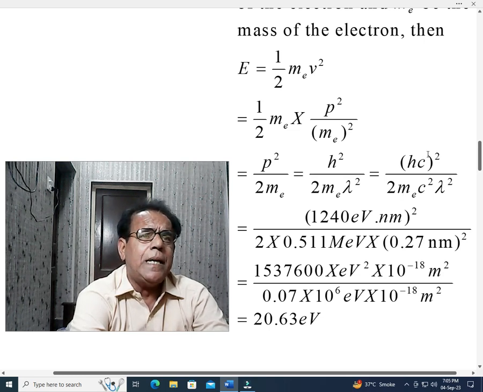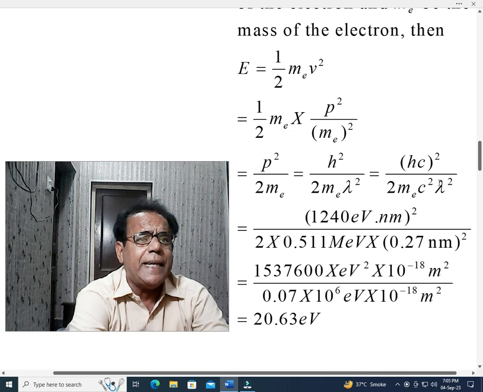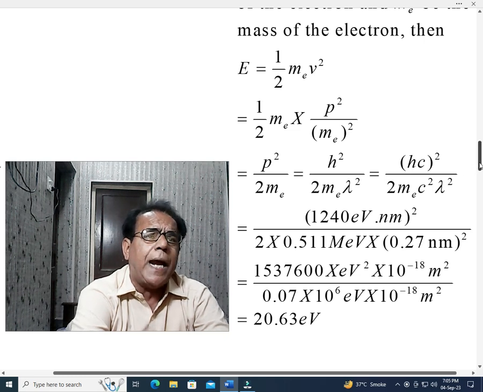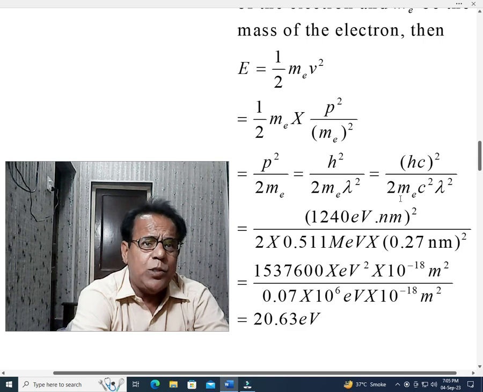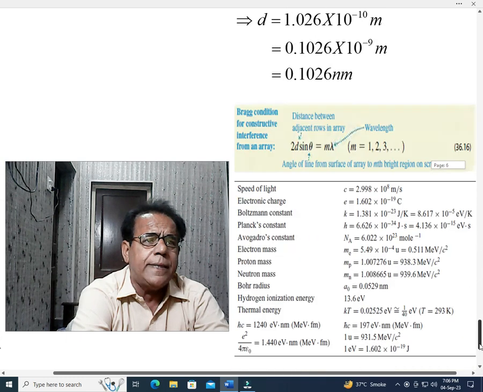In this way the denominator will take this form: (hc) square over 2 m_e c square lambda square. Dear students, here this value m_e c square has a constant value from a table, and similarly Planck's constant into speed of light, hc, also has a fixed value according to a table. Now we move to that table and see what is the value of hc and what is the value of m_e c square.